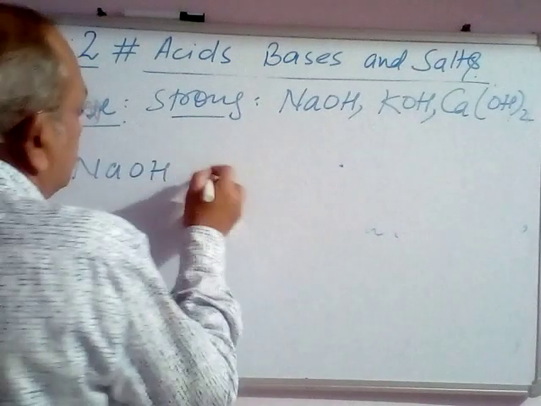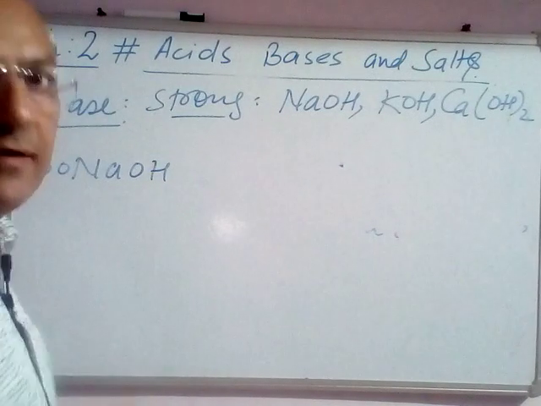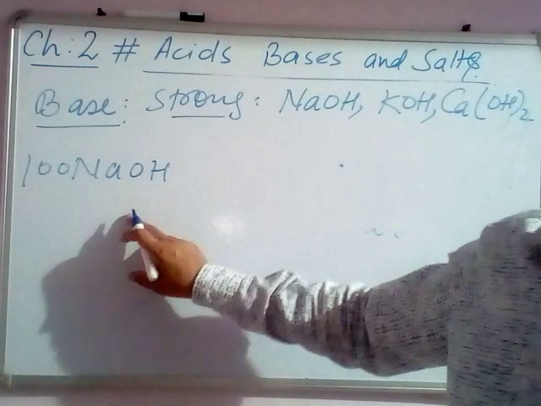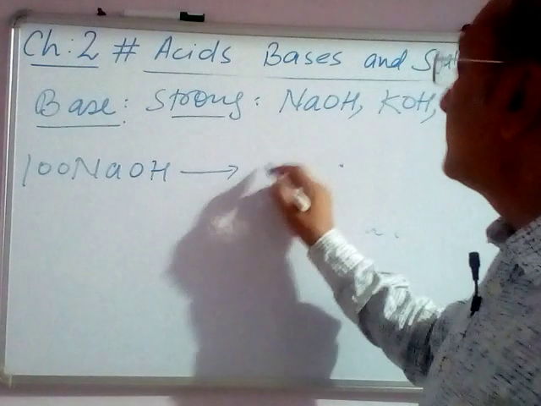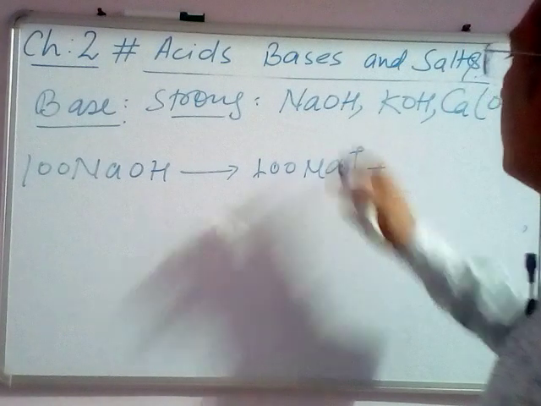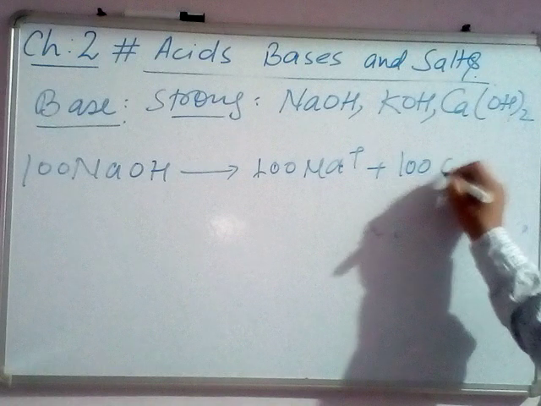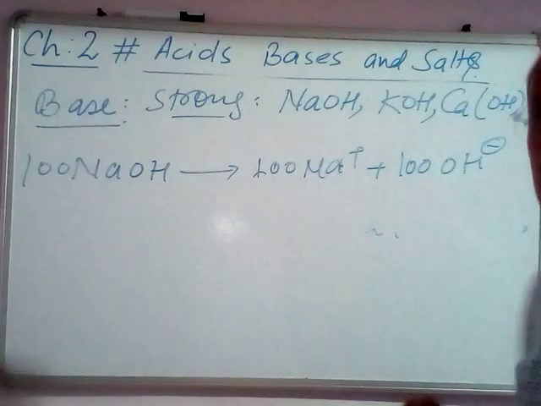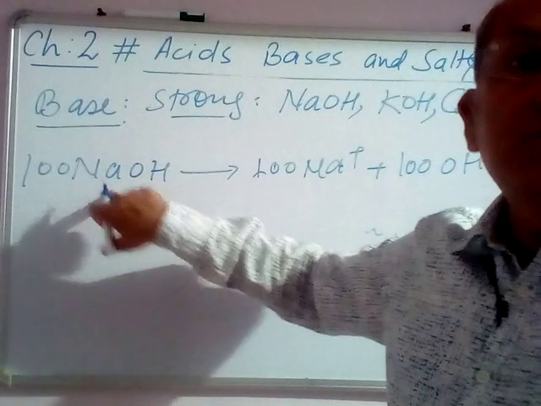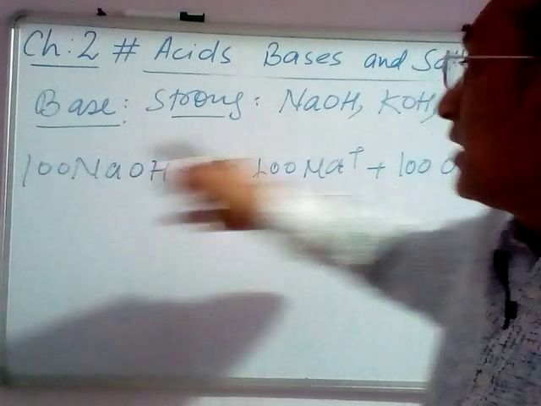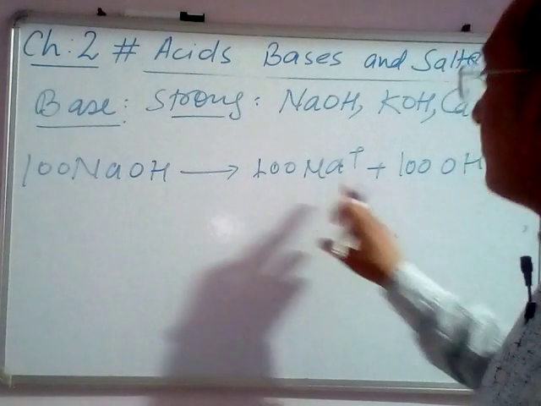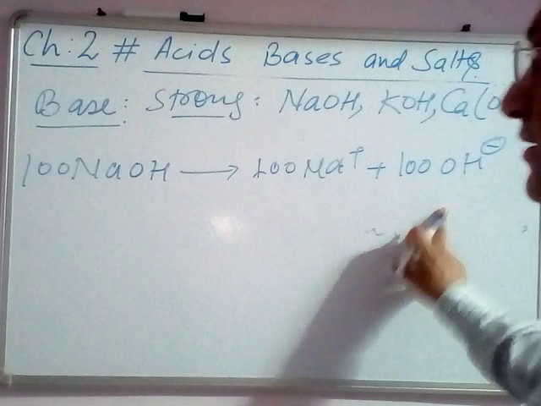NaOH, we have taken 100 molecules of NaOH. It gives 100 Na plus and 100 OH minus. Because the molecules we have taken are 100, and it gives 100 cations and 100 anions, 100 positive ions and 100 negative ions.